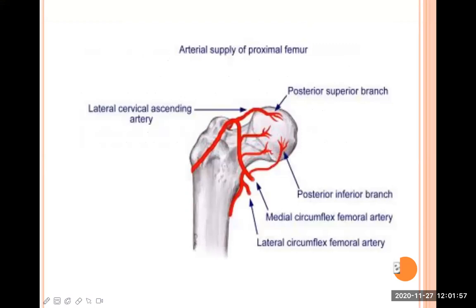Now, have a look here. What knowledge have you gained till now? Look at it in the form of a picture. These are the different branches. Medial circumflex femoral artery is here. Lateral circumflex femoral artery is here.